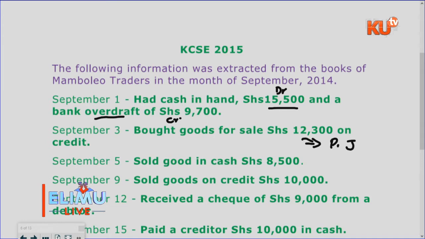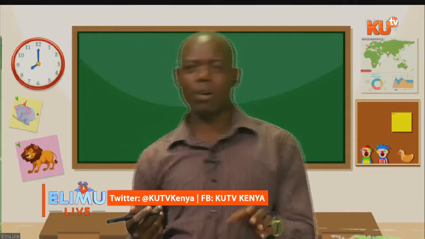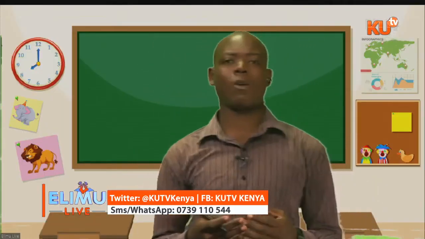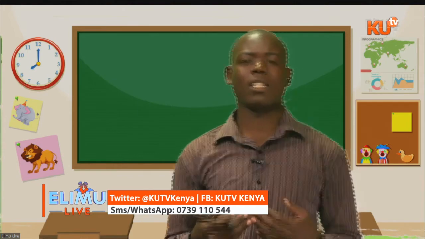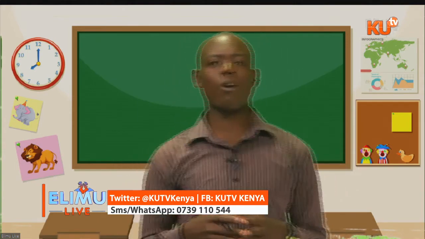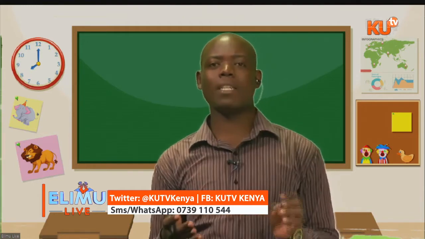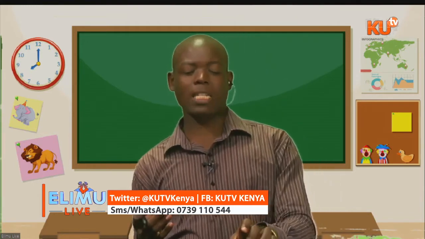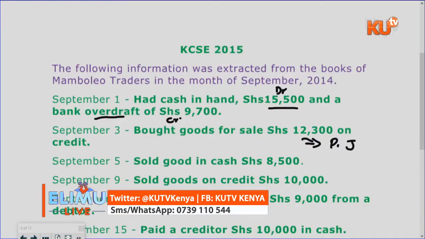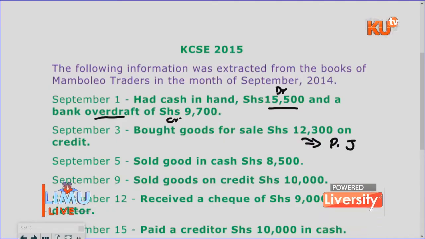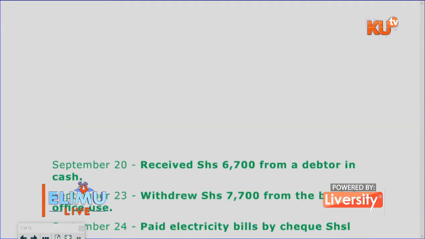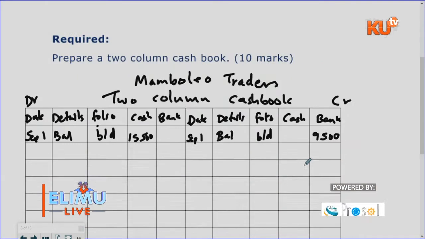On September 5, sold goods in cash 8,500. When we sell goods in cash, we receive money. And since we are receiving, those are called receipts, which are supposed to be debited. So let's debit transaction number 3, because that is money in. So when we sell goods in cash 8,500, we will take that to the debit side.